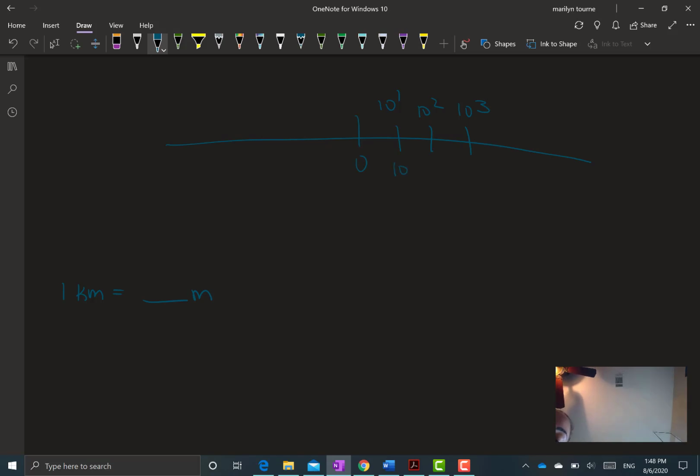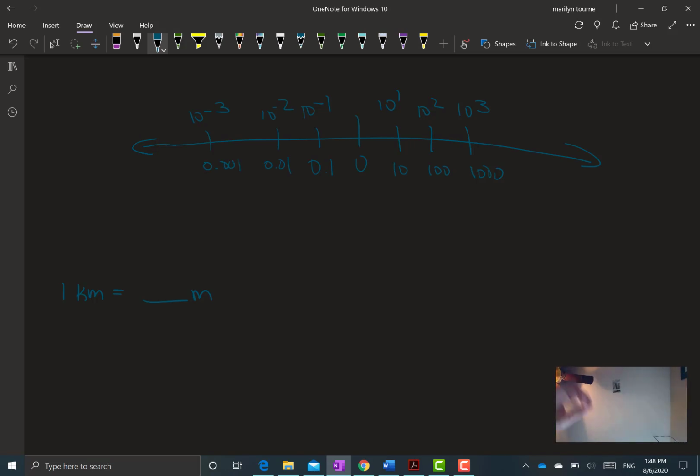This obviously means 10. 10 to the second power means 10 times 10, which is 100. And obviously this is 1,000, okay? If you do it on the other side of 0, it's the same concept. So you would have 10 to the negative 1, 10 to the negative 2, and 10 to the negative 3. And obviously you can keep going further down on each side. 10 to the negative 1 is 0.1. This would be 0.01. And this would be 0.001.